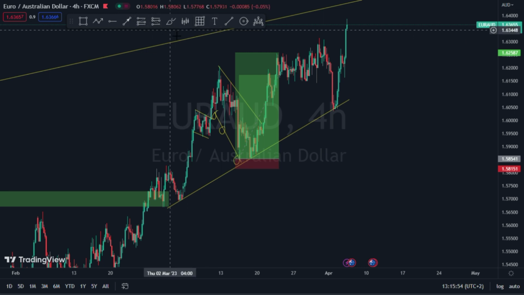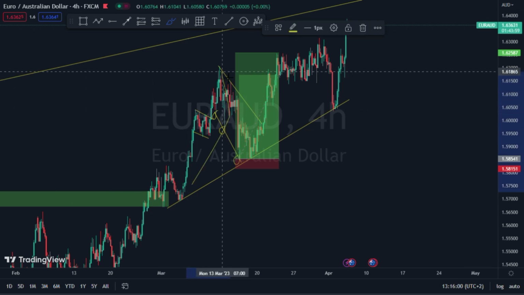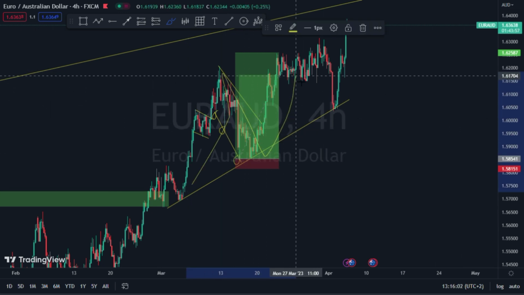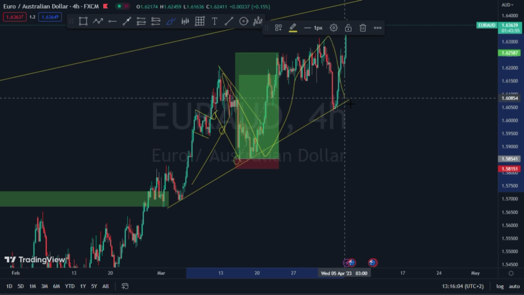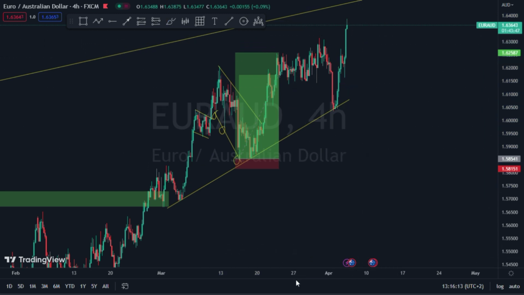So this being our higher high, this being our higher low, that being our higher high, that being our higher low, that being our higher high, and then that being our higher low, and then we are going back for the higher highs, right? Sorry about my drawings, but you see what I mean by that.